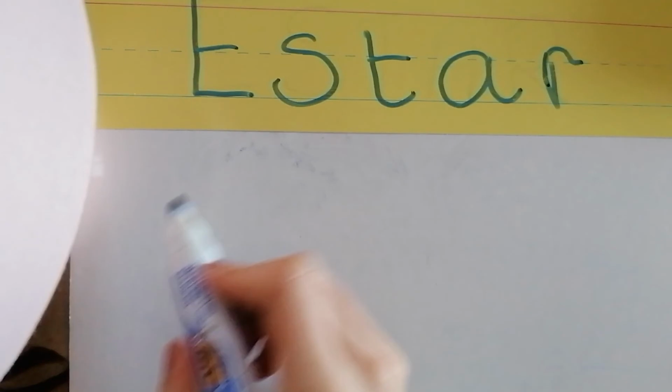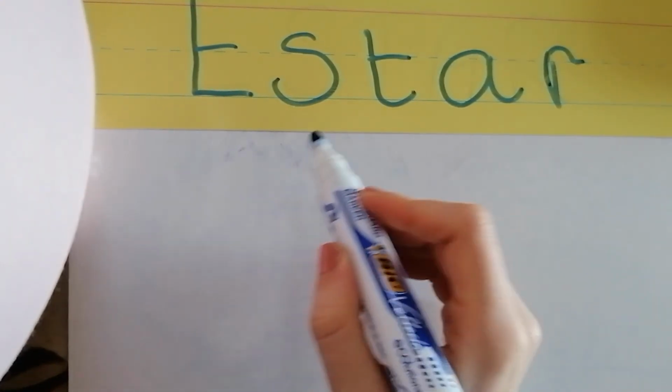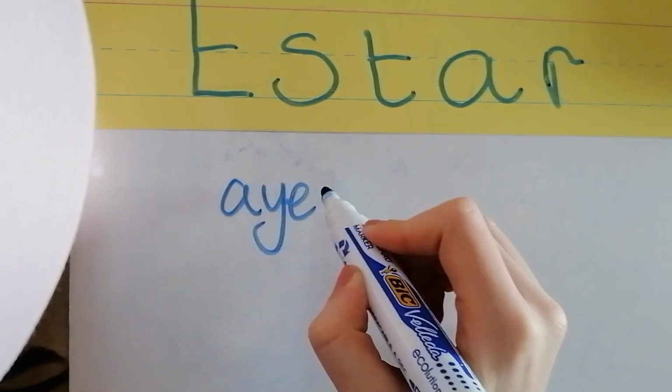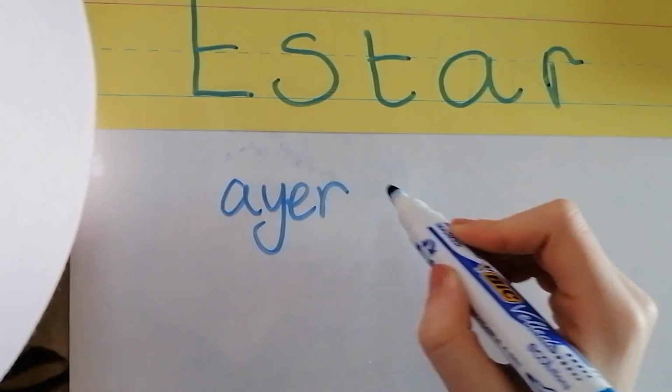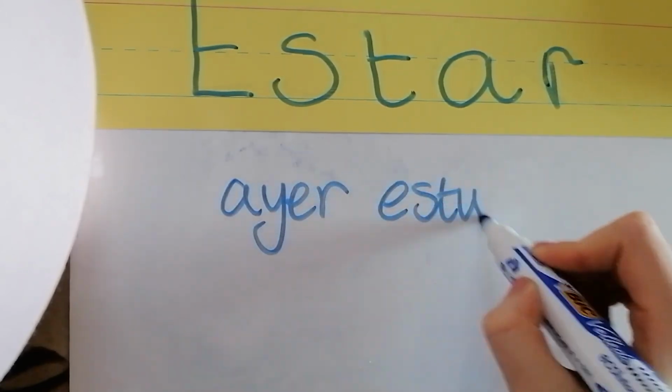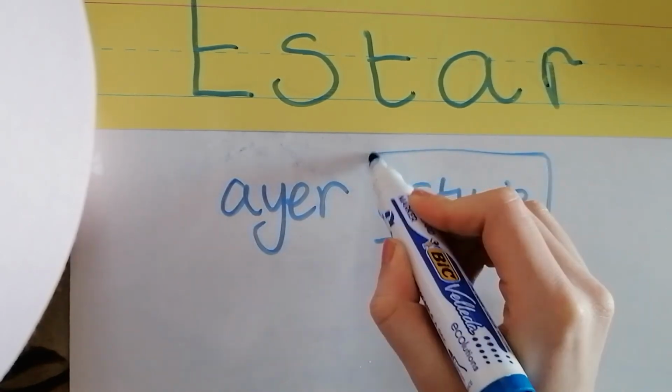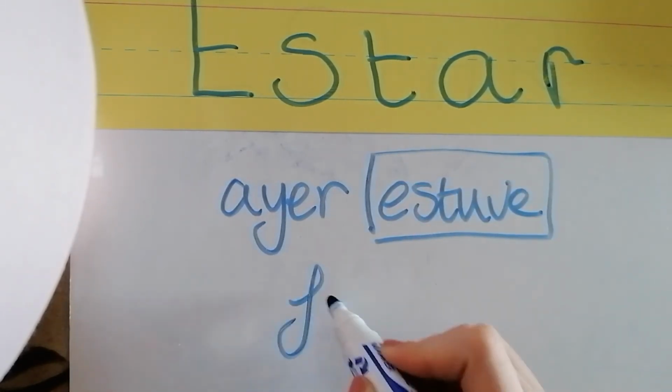Finally, emotions. Estar is used with emotions. Why do we think it would be used with emotions? Because our emotions change. Las emociones cambian siempre. They always change. So you could be having a great week and you feel happy. So ayer estuve, which is the past tense of estar, estuve feliz.